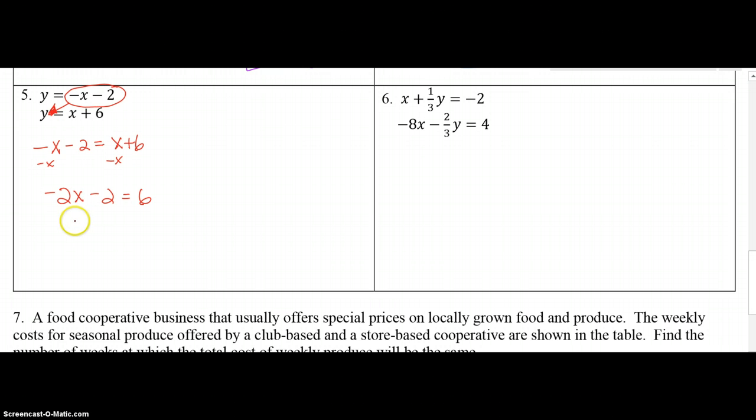Add 2 to both sides. And divide. What do we do with the negative 4? Plug it back in, right?